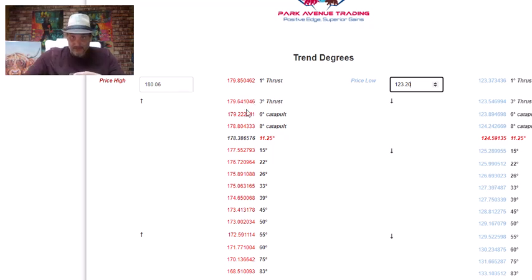If I were to put this in as a low, it could do the same thing. This is just an arbitrary number, 180.06. It will calculate from that point how far out. Each one of these degrees is moving away from the mean, so each one is an important point for a snapback.